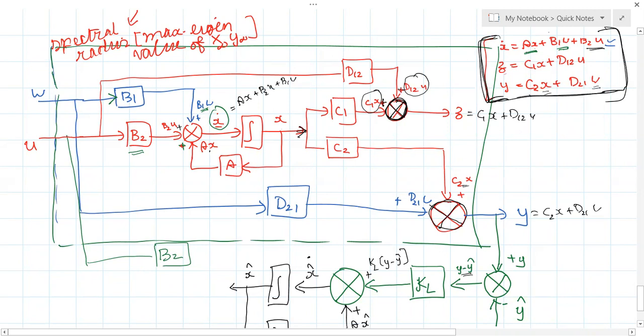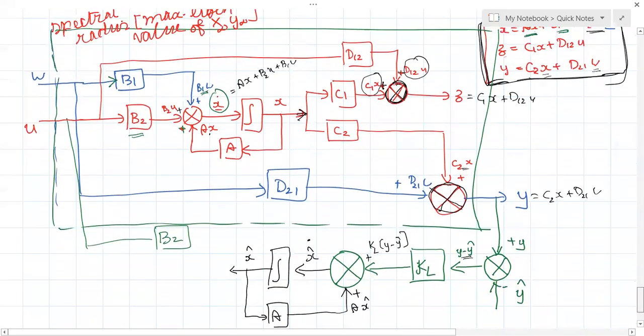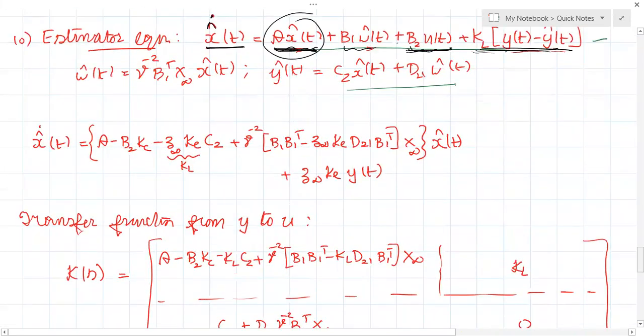Then for the plant, estimated, you had U. See, U is the actual control signal. U can be computed only if you know the actual state X. Since X is not always measurable, we are trying to estimate X hat dot and X hat.